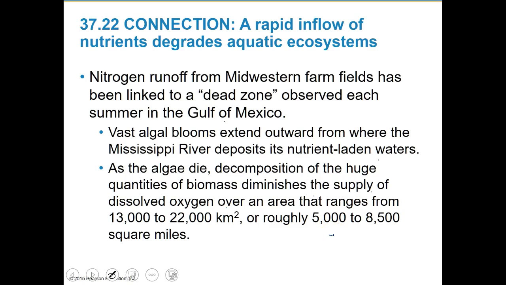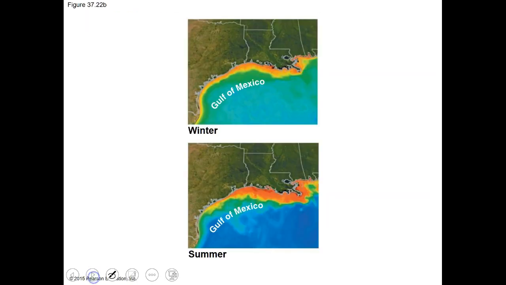So a huge area because of these algal blooms, and imminent death afterwards. So you can see what's happening in this. In the wintertime, it's not as bad, and then there's a larger growth of this stuff over the summer.